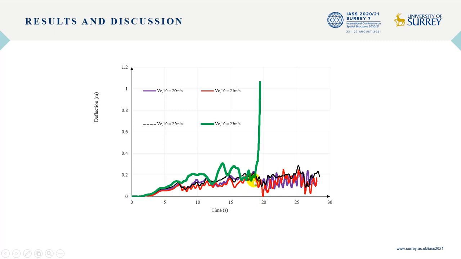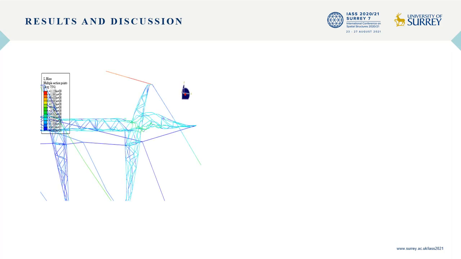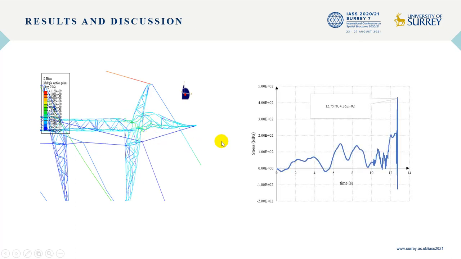This figure shows the failure in the central tower of the line for wind speed equal to 23 meters per second at the reference point. In that case, yielding of bracing members caused instability in the central tower of the line, and this failure propagated into a large part of the tower.